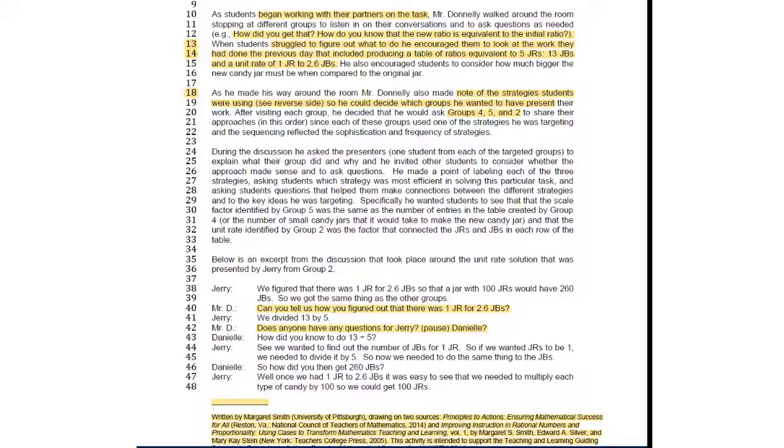During the whole class discussion, as these groups were making their presentations, Mr. Donnelly asked the students to explain what their group did and why. This made visible their thinking, and then he used their thinking and invited other students to consider whether the approaches these students used made sense, and he also encouraged the class to ask them questions.